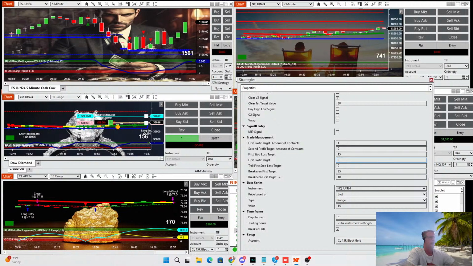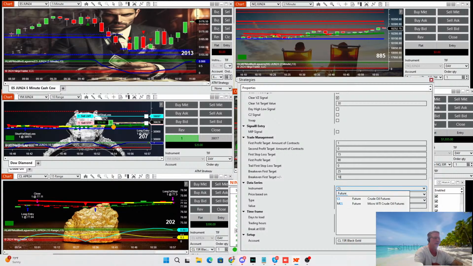We're going to put it to 90. Started at 90. Once it goes 25, we're going to go to plus 10. And I'm just going to make sure that we're on the right instrument, our futures instrument.